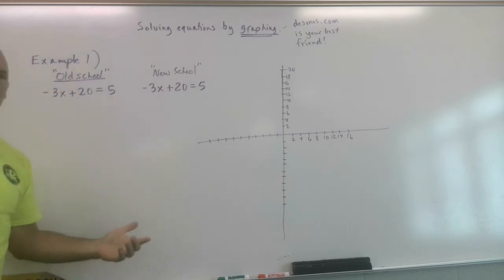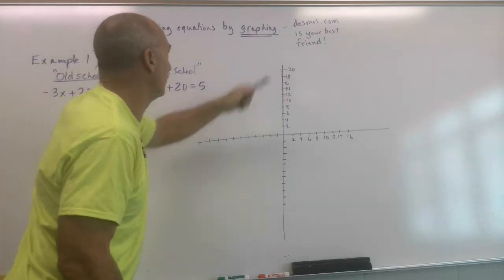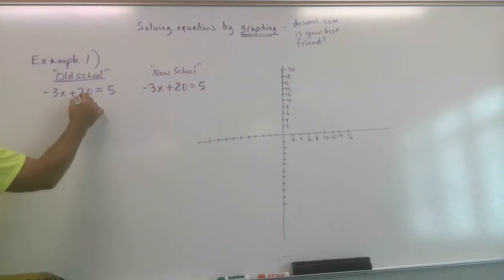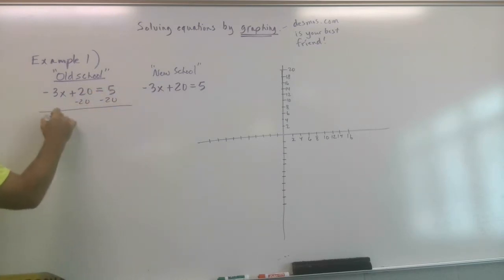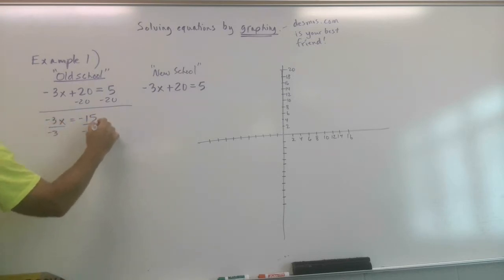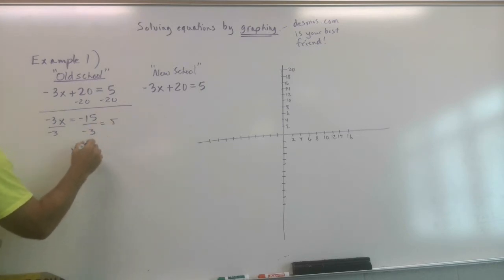If I said, hey guys, solve it, hopefully you go, I definitely don't need to graph that. So we're going to subtract 20, and now I'm going to go negative 3x is equal to negative 15, divide by negative 3, divide by negative 3, and I get 5. X is 5. Done.